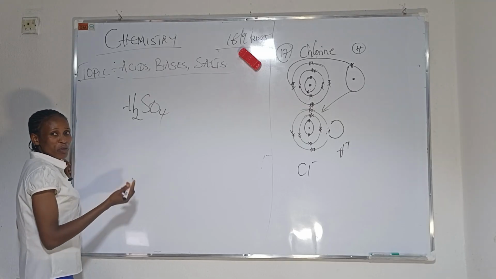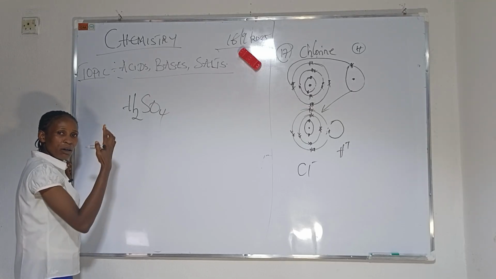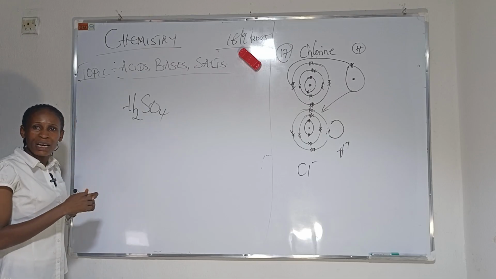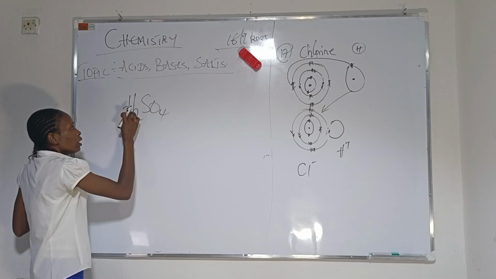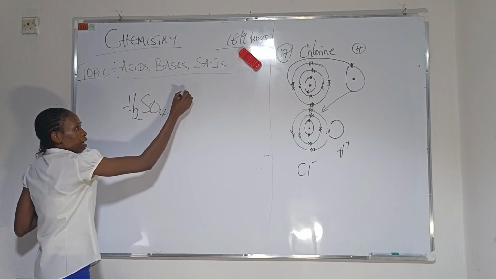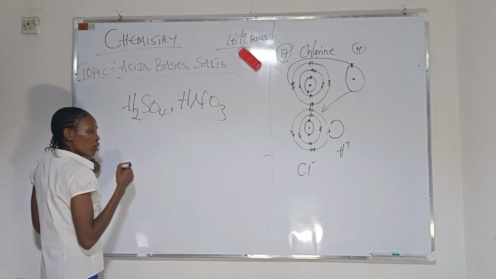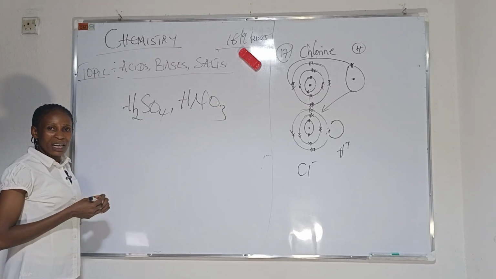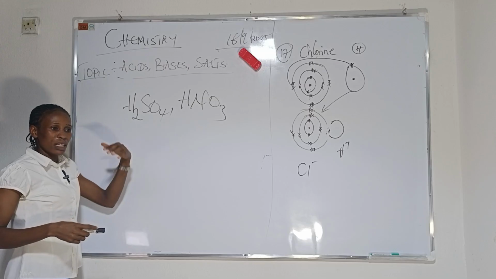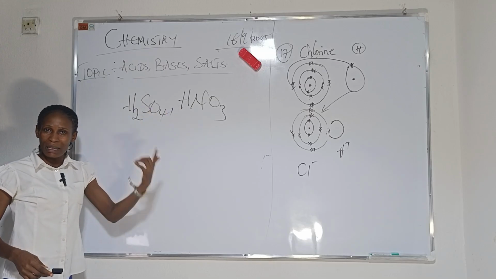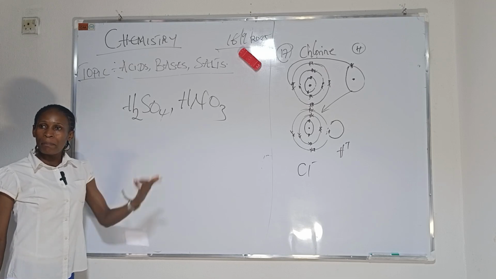I just want to teach you so that you can be able to name your compounds. It's very important. An example is hydrogen tetraoxosulfate(VI). Another example is hydrogen trioxonitrate(V). If you're asked to mention your acid, though I will still enter into types of acid and how to identify them, I am talking about the naming using IUPAC.